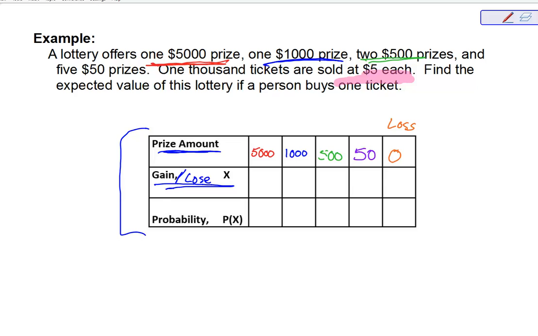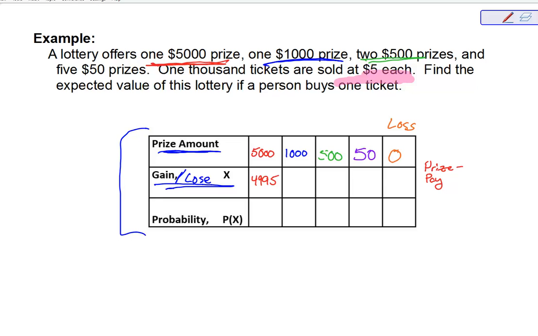Therefore, your gain-loss column is your prize minus how much you have to pay. It's always your prize minus your payment. So 5,000 minus $5 leaves me with a gain of $4,995 that I'm actually going to gain when I get this.